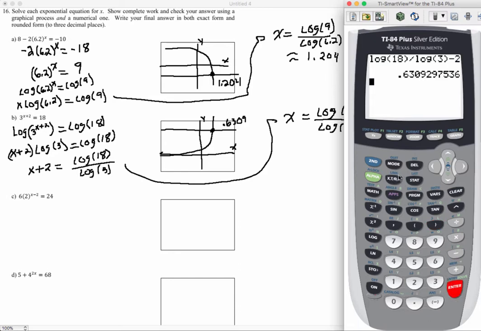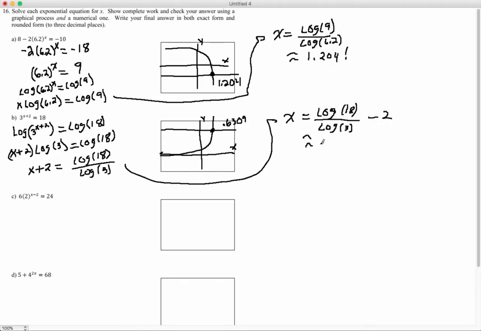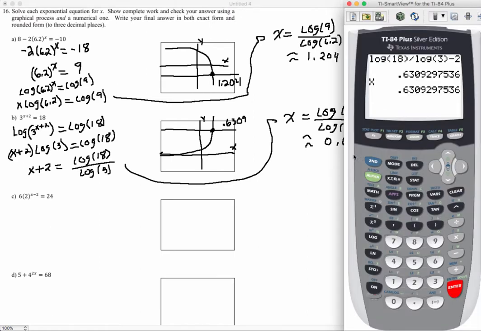So by the way, the intersection routine stored its value that it got in the variable x. So if you just type in x and hit enter, you'll actually see that the intersection routine agrees exactly with the decimal approximation that we got by hand. Okay, so let's come over here and put our decimal approximation on here, and we see that that was 0.6309, just like we saw with the graph.